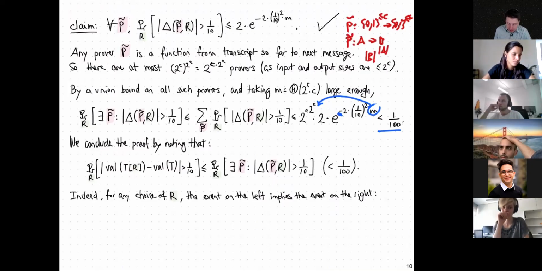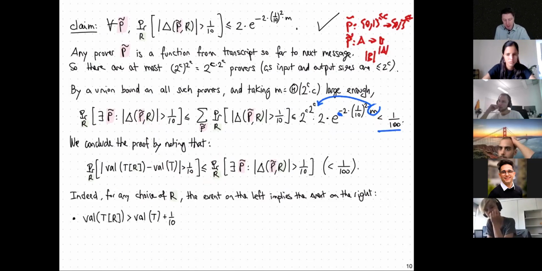Great. So coming back to how we conclude: what we proved is that we can use a union bound to make this probability relatively small. Now we're left to conclude that the probability that there exists a prover that makes the difference large is an upper bound on what we cared about to begin with.